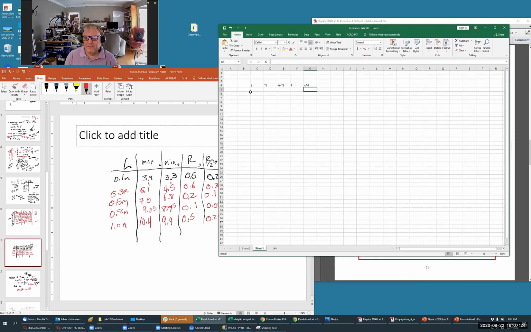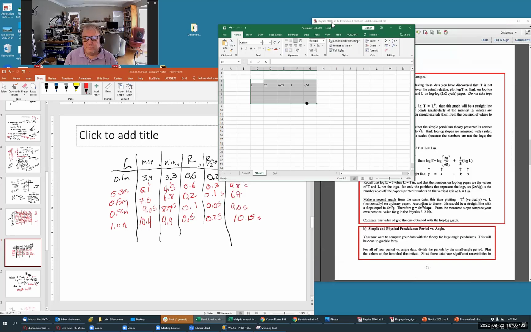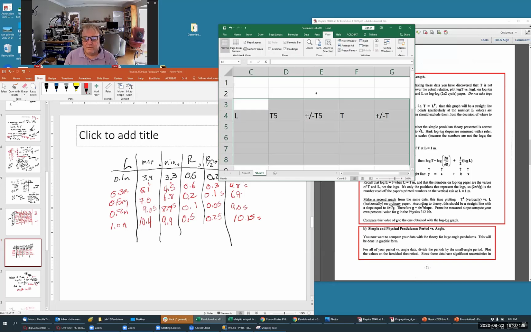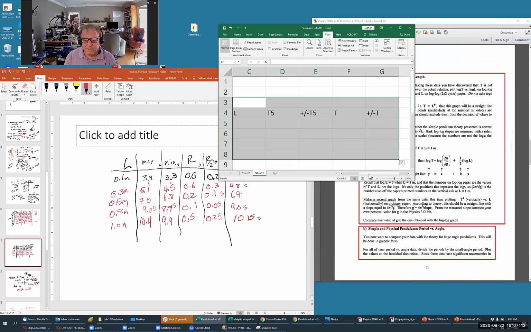I'm moving kind of fast, I think, and I want to make this a little smaller, and I want to view, zoom to selection. So let me make that slightly smaller.